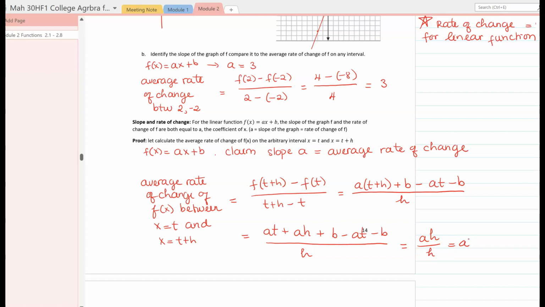So as you can see, the average rate of change in an arbitrary interval t to t + h is equal to a, and that is the slope of the linear equation.